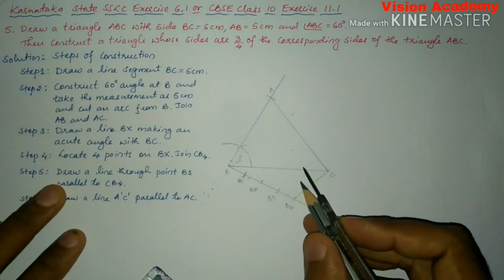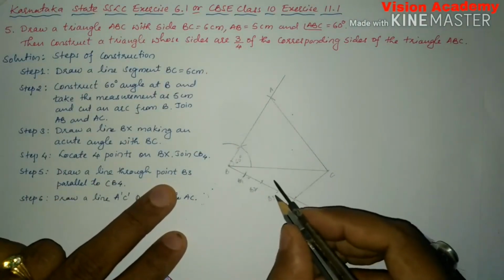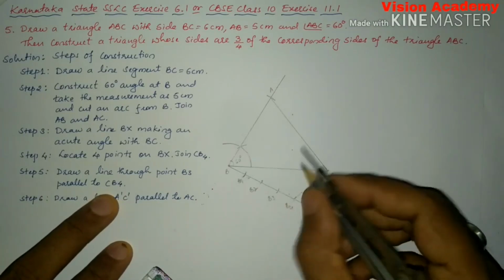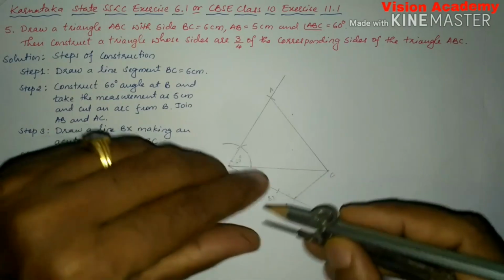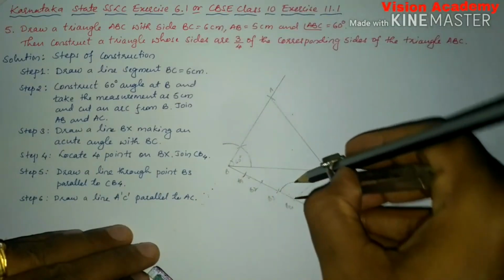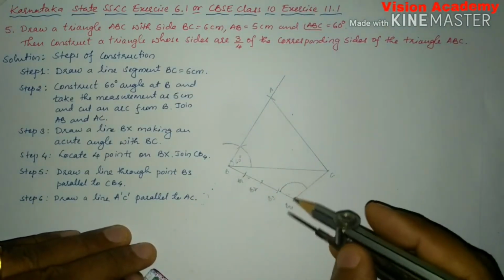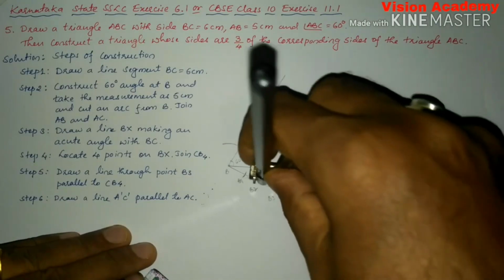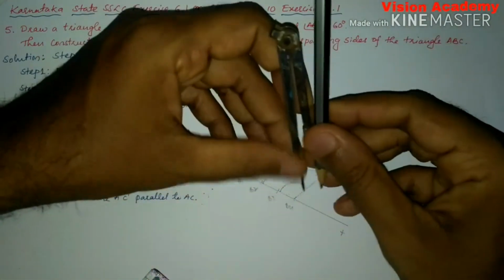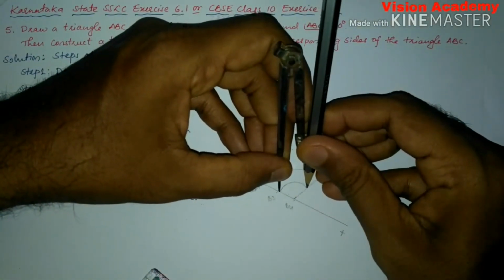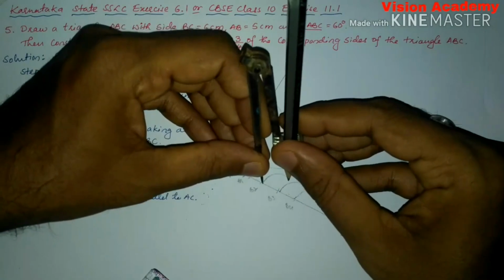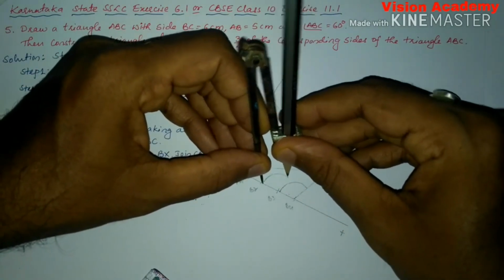So next step is draw a line through point B3 parallel to CB4. So parallel to this we have to draw a line. In order to draw a line, let me draw a curve. Next, keeping on this point, take the size of this arc and keep on this point and cut the point.